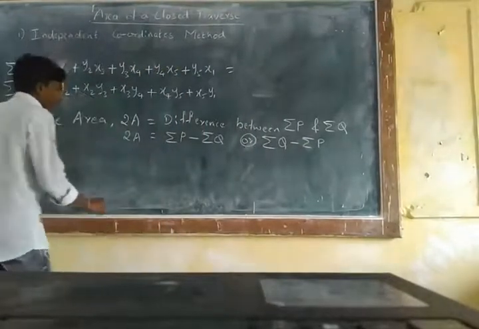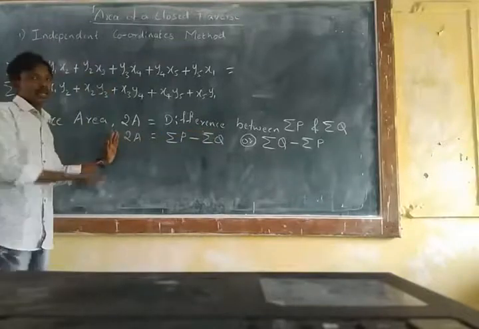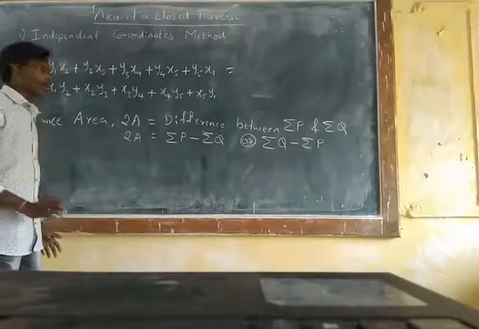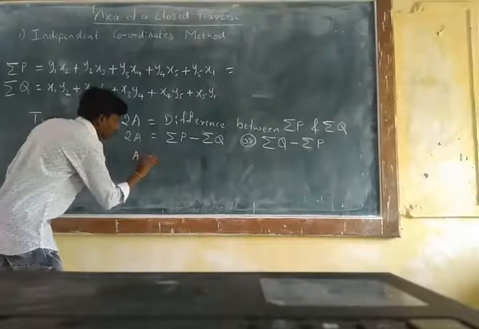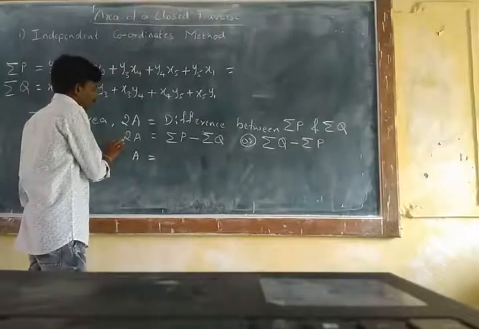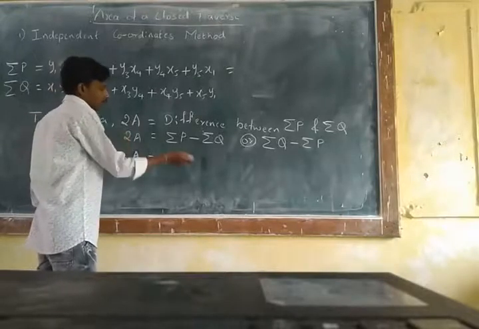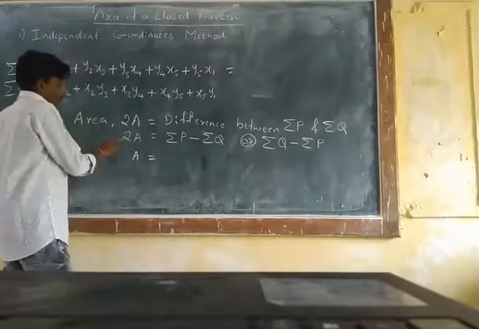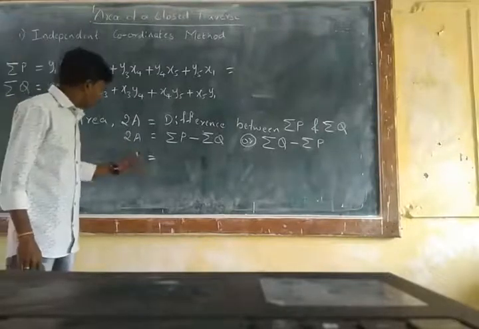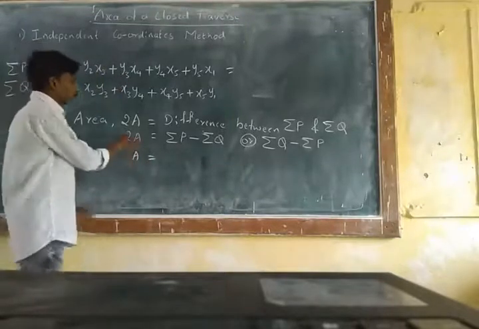Now let's calculate the area. So this is the formula to calculate the twice of area, or the 2 times of area. The value will be twice. So now we need only area. So area is equal to, just send this value 2 to that side. So here this is on the numerator. If it jumps to the other side of the equal, it goes to the denominator.